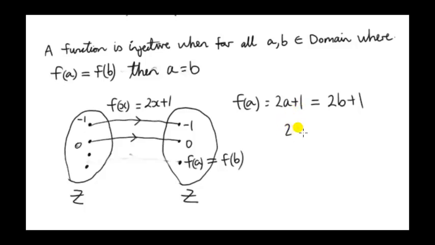We just subtract 1 from both sides, and then we divide both sides by 2, and straight away we conclude that a is equal to b. So it's very straightforward here to show that if f of a equals f of b, then a must equal b. So a and b are the same element, so it could be this element here.